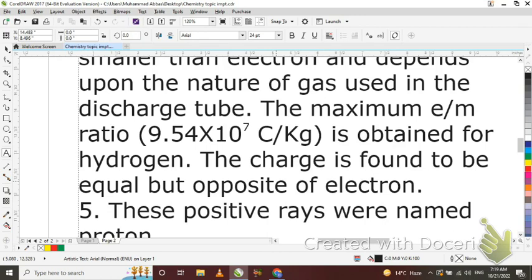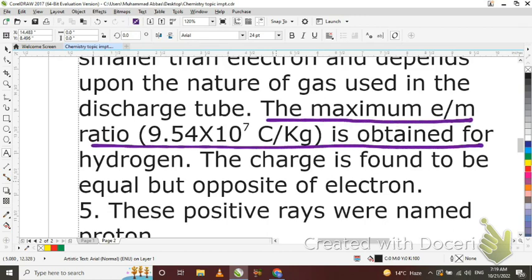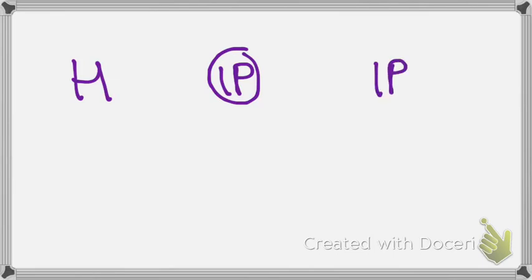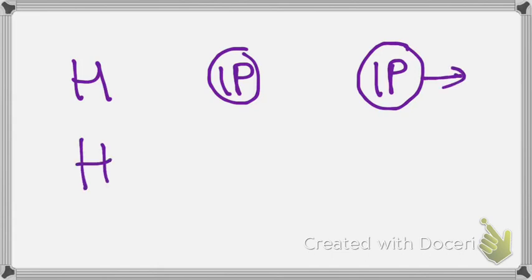Second important point, the maximum e over m ratio is obtained for hydrogen. Why? We know that hydrogen has only one proton in the nucleus. So when hydrogen ionizes, there will be only one proton. It means the mass of one proton. If we take other gases, for example, helium, we know that helium has two protons and two neutrons.